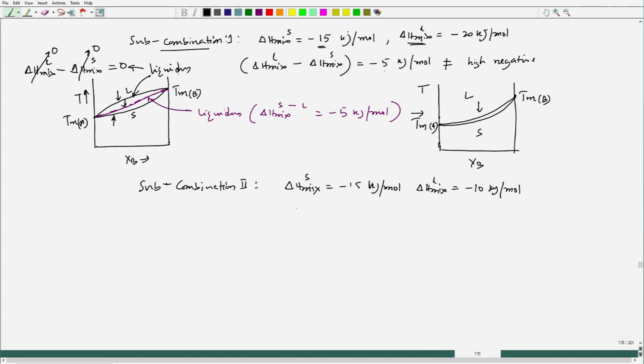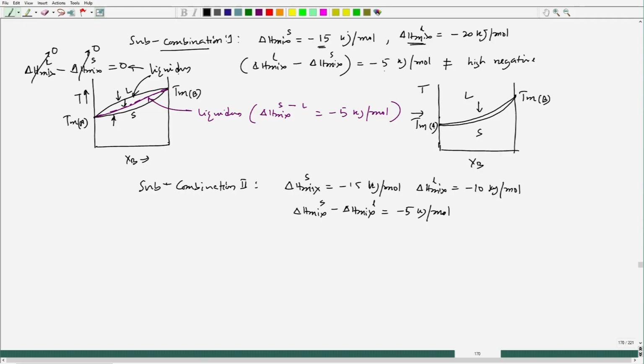In that case, del H mix solid minus del H mix liquid is still minus 5 kilojoule per mole. Now, in the previous case, subcombination 1, it was the other way around: the liquid had more stability compared to solid. Here, solid has more stability compared to liquid. So, in case of isomorphous, the solidus line will now bend upward, which indicates that the solid zone expands, and expansion of the solid zone also indicates the higher stability of solid solution.